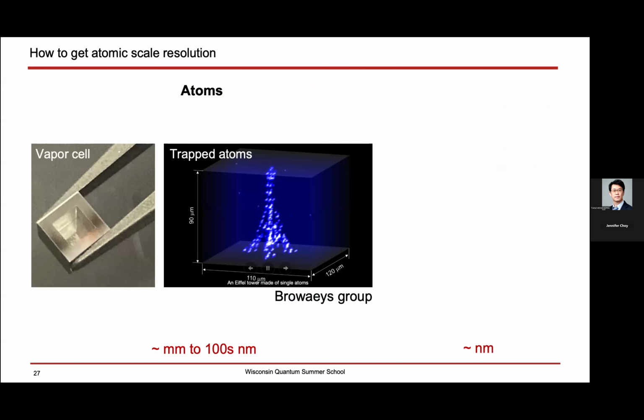There, you have a fundamental limit from the optics. Does anyone know what that limit is called, in terms of how closely you can place these atoms to each other, or rather how tightly you can focus your beam? I've already said that word in reference to the grating that I'm passing around. What is that fundamental limit? Anyone remember?